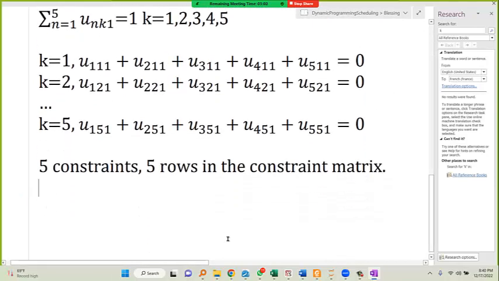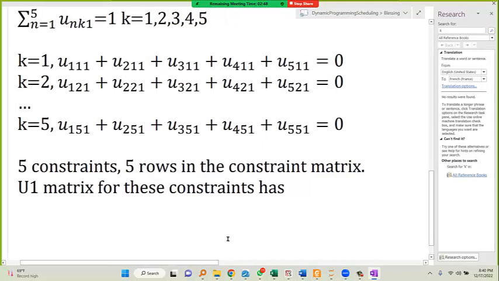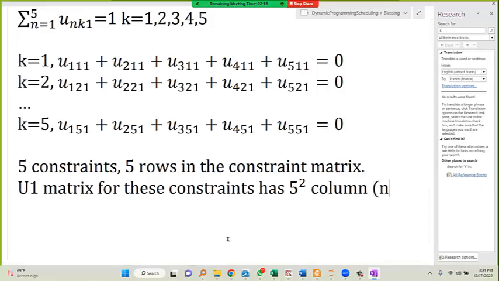So for these constraints, in this case we're using 5 squared columns because n equals 5, and 5 rows.